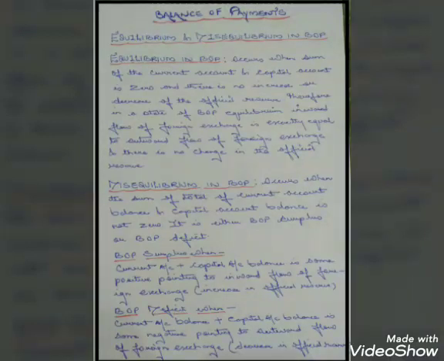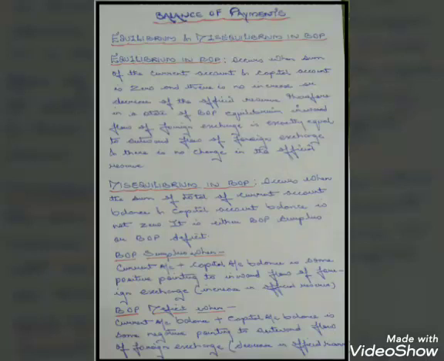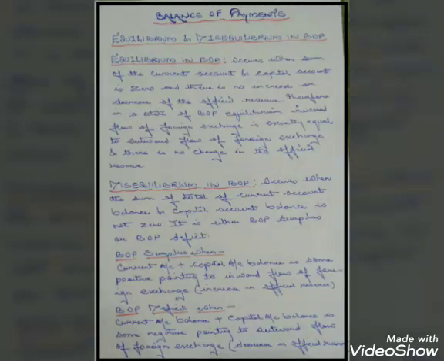And balance of payment deficit occurs when current account balance plus capital account balance is a negative number, which points to an outward flow of foreign exchange, leading to a decrease in the official reserve. So this is how we indicate balance of payment disequilibrium, which occurs either when there is a balance of payment surplus or when there is a balance of payment deficit.